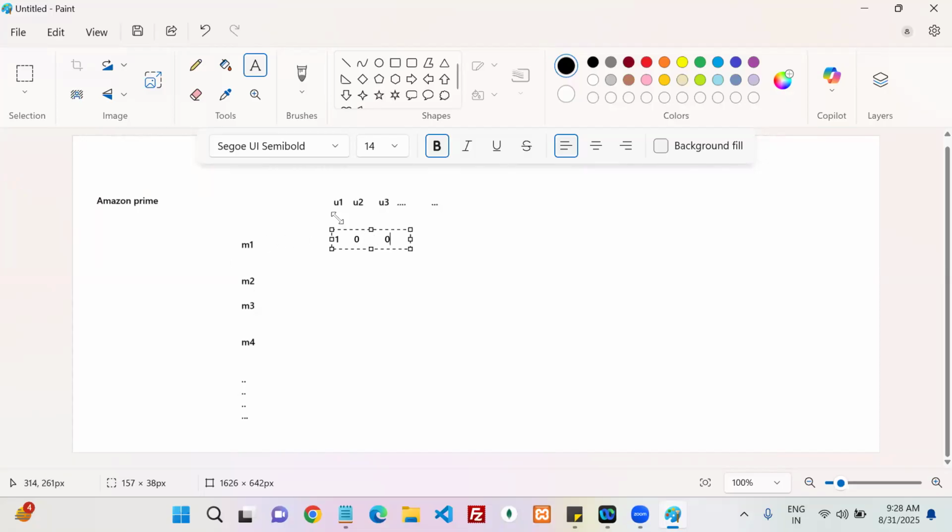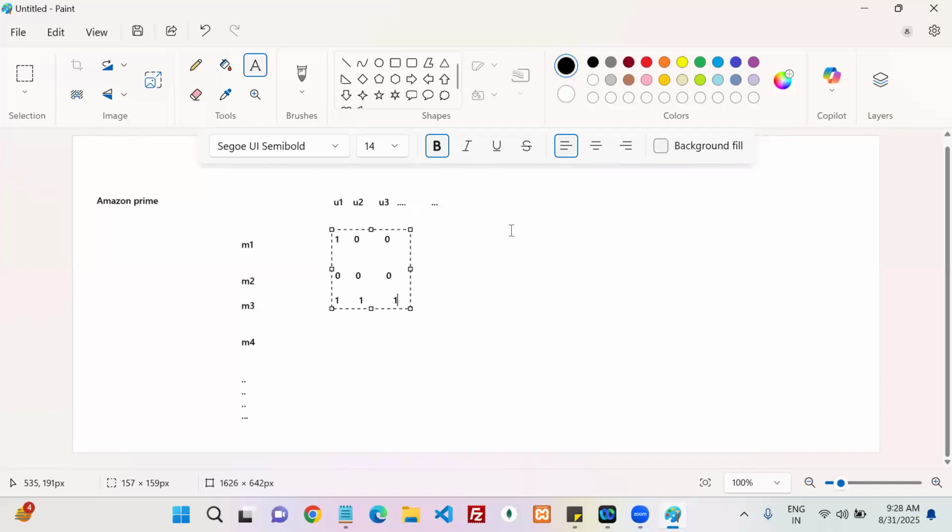So movie one, watched by how many users? User one watched, user two not watched, user three not watched. Same for movie two, no one has watched. The next one, movie three, all have watched.